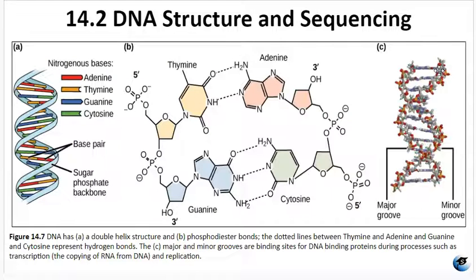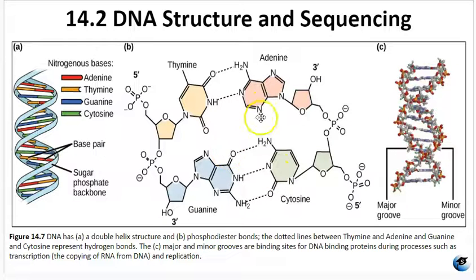So let's look at that in a bit more detail. This is figure 14.7, and it's got the double helix structure here on the left. B here is a close-up showing the phosphodiester bonds, the hydrogen bonds in the middle, phosphodiester bonds on the outside. And notice that it's only purine and pyrimidine, and that's how it stays the same width in the middle.